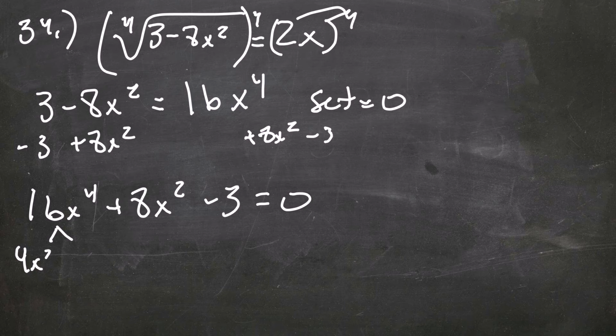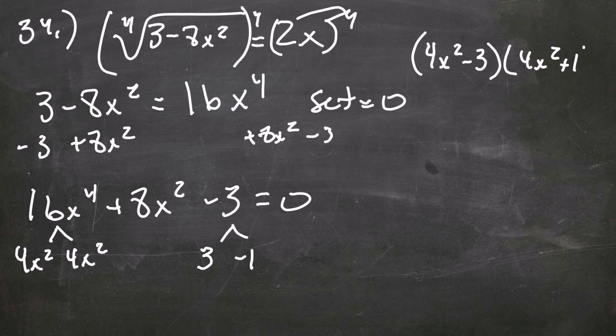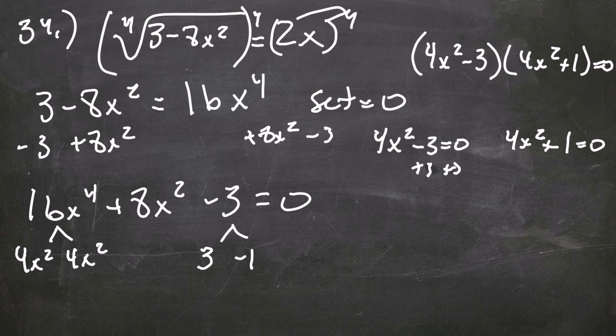I'm going to use 4x squared and 4x squared because that's going to work as long as I use positive 3 and negative 1. So this gives me 4x squared minus 3, 4x squared plus 1 equals 0. So I set them both equal to 0. I say 4x squared minus 3 equals 0. 4x squared plus 1 equals 0. This should be plus 3 and negative 1.